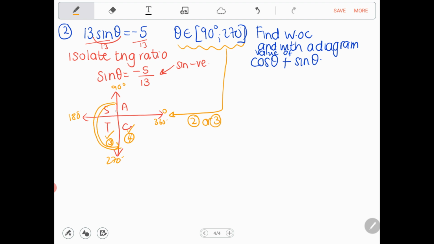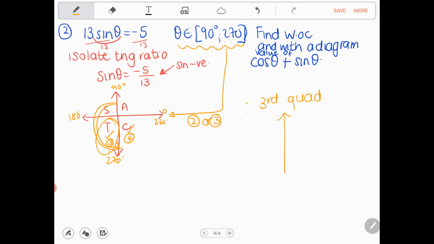See how that would be from 90 to 180 for quadrant 2. So where do those two pieces of information overlap? Here, in quadrant 3. That is where sine is negative and it is in the 90 to 270 piece. So like yesterday, where does your information overlap each other? So I'm working in the 3rd quadrant.